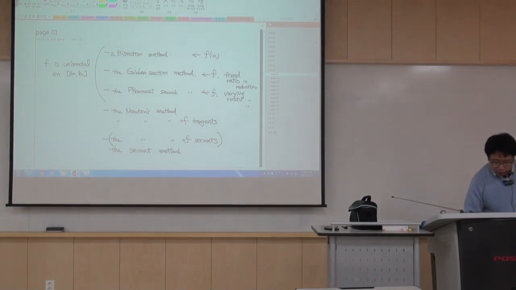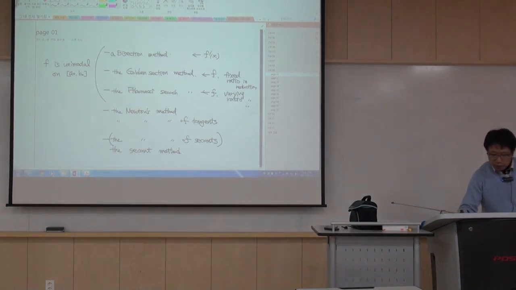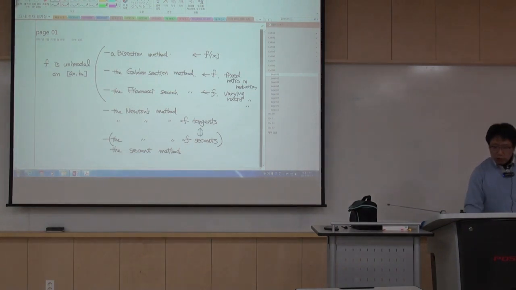Here, Newton's method of tangents and Newton's method of secants. How do they differ? First, anyway, they need f prime. Anyway, f is continuous. F is C1.